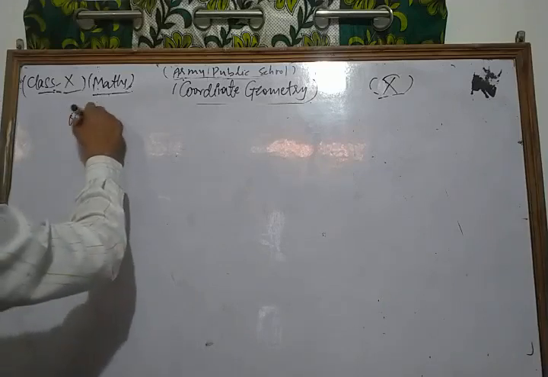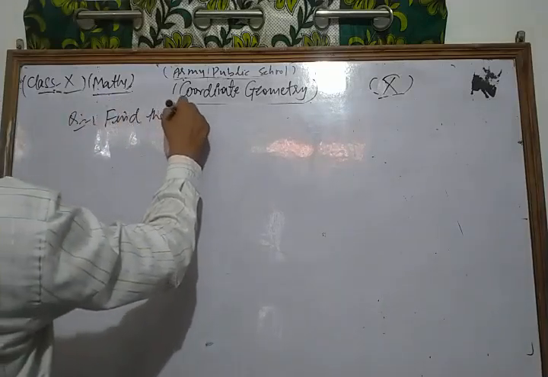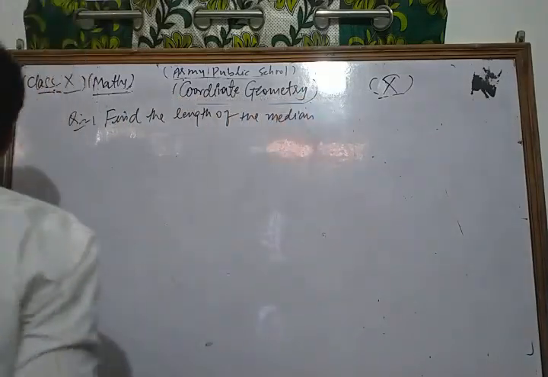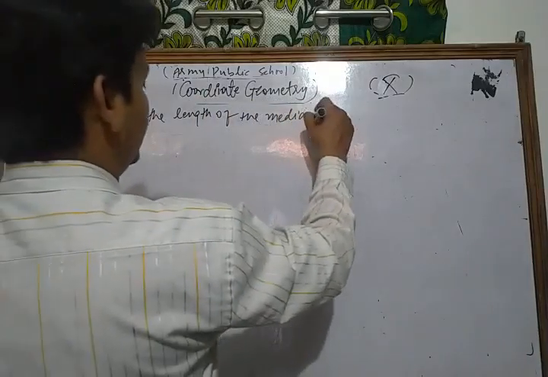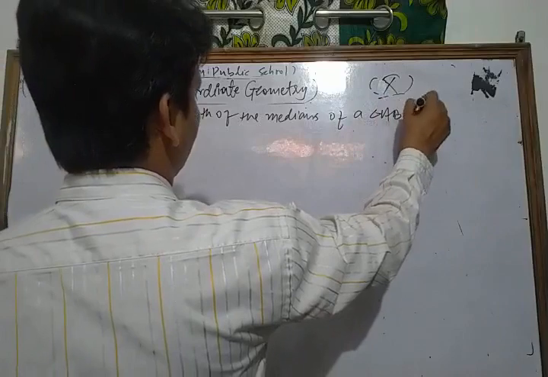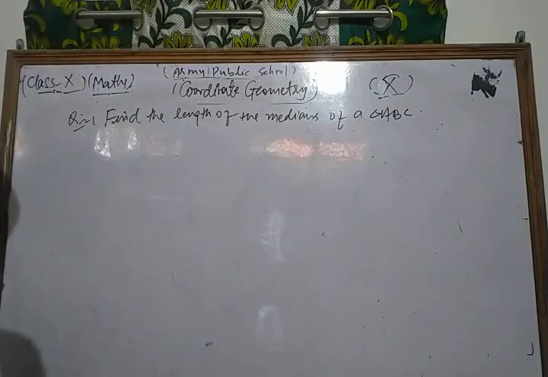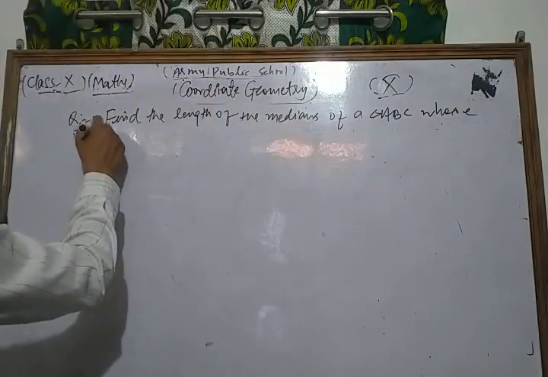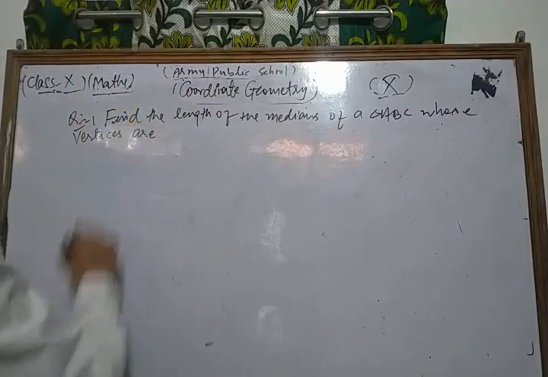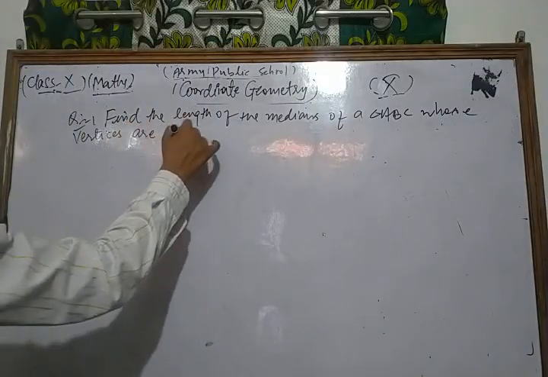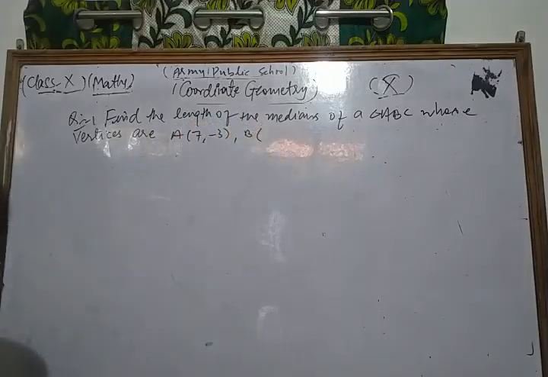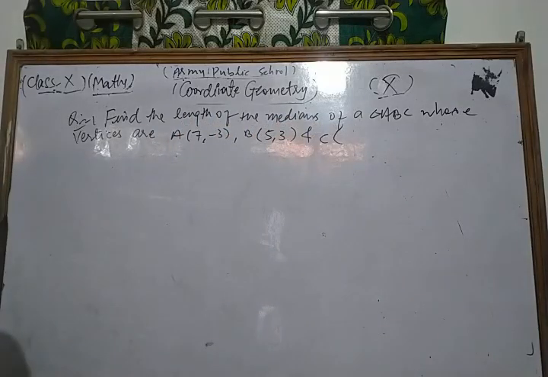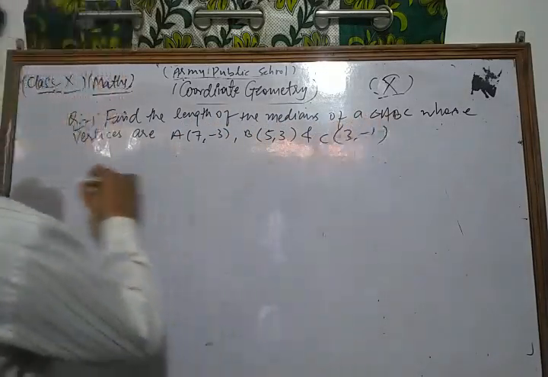The question is, find the length of the medians of a triangle ABC, whose vertices are A (7, -3), B (5, 3), and C (3, -1). Now let's solve it.